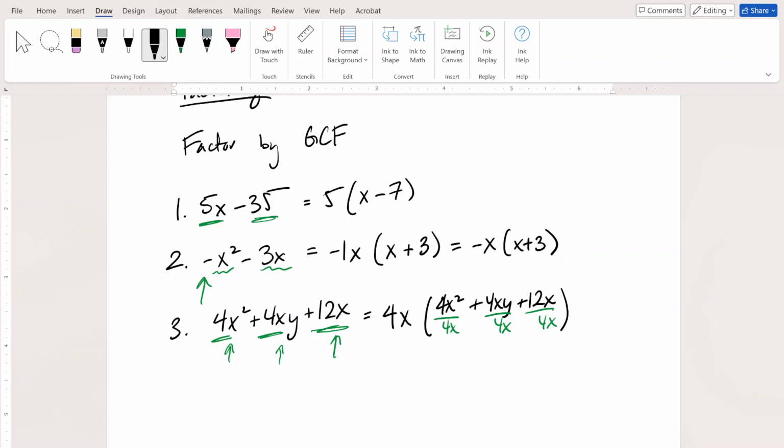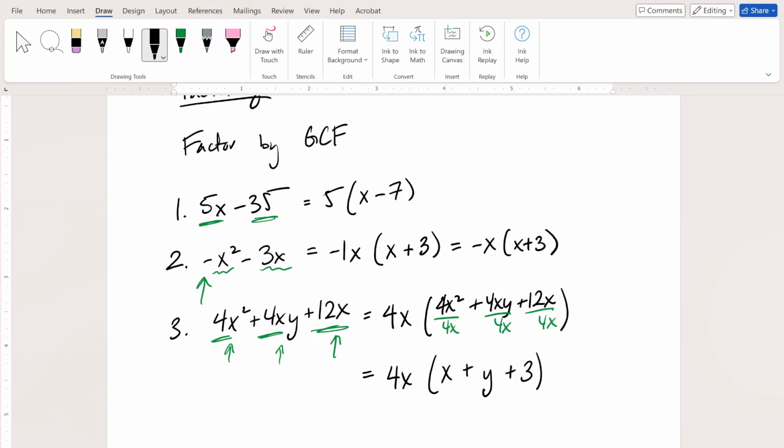Okay, and then I get 4x on the outside, and then 4x squared divided by 4x is just x, plus 4xy divided by 4x, I'm left with y, plus, because there's a plus sign there, 12x divided by 4x, 12 divided by 4 is 3, x divided by x is 1, leaving me with 3 times 1, which is just 3. So that's another way you can think about what is left inside.